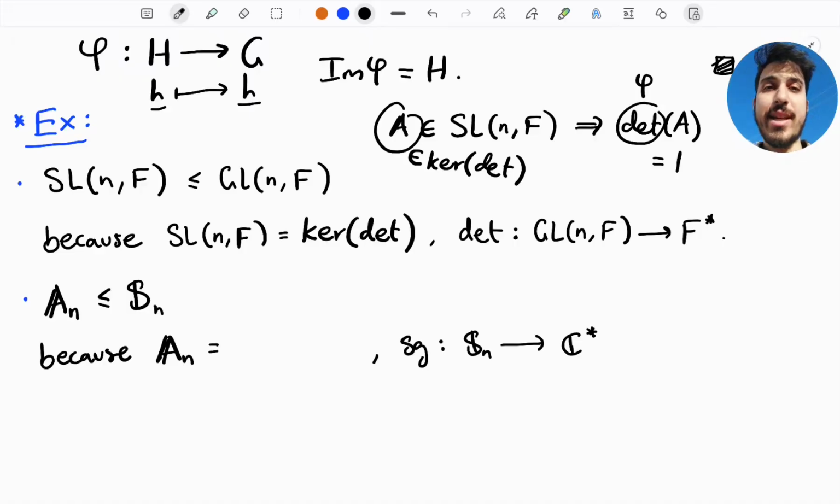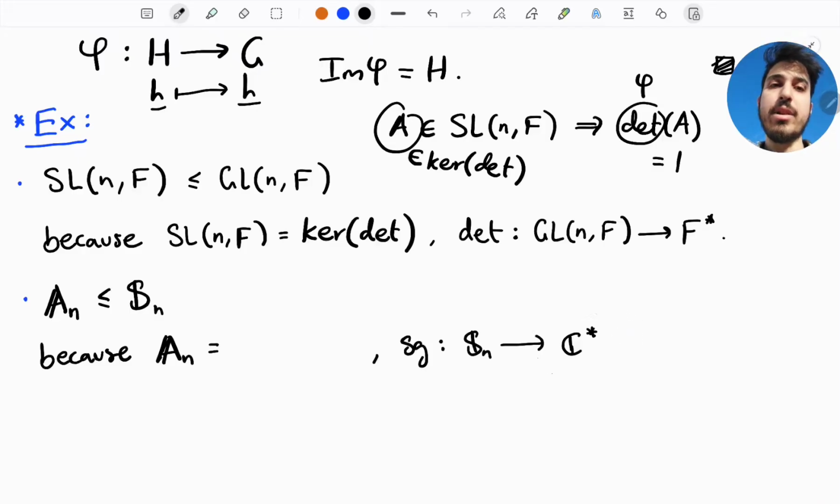Let us use this same exact notion with A_n and S_n. So A_n is the set of all the cycles that have even number of transpositions. In other words, it is the set of all the permutations such that the sign of that permutation is equal to 1, which is the identity in the multiplicative group C star.